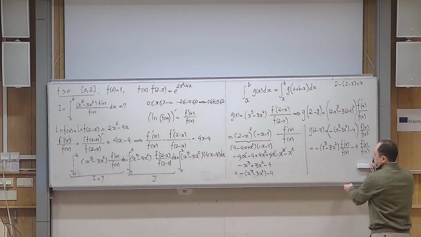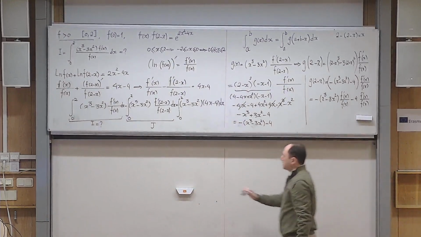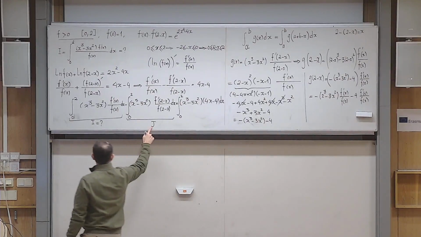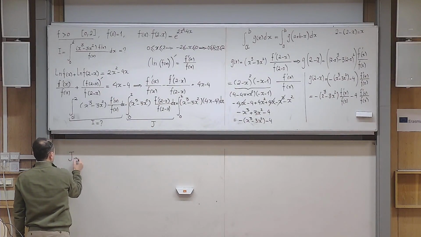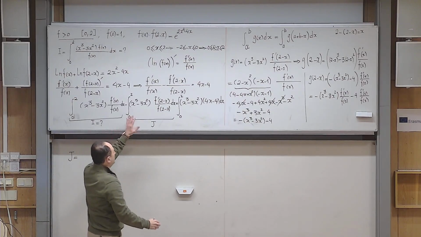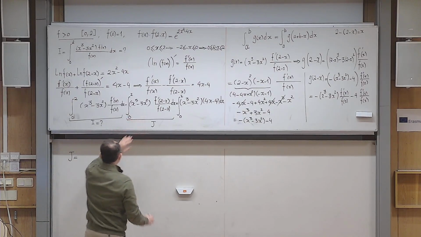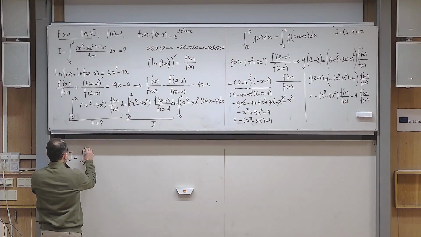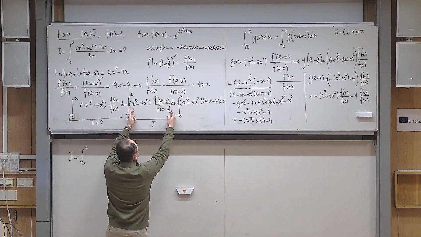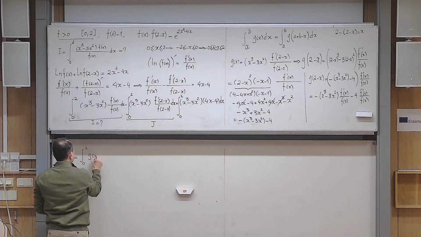So what does it mean? It means that this integral, J, is equal to the integral from 0 to 2 of what I called g of x, do you remember? dx.